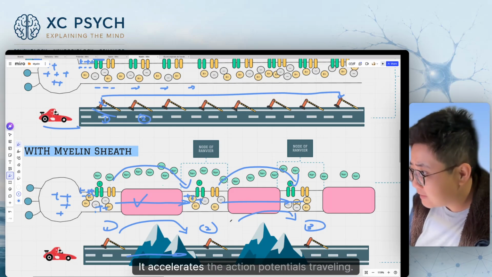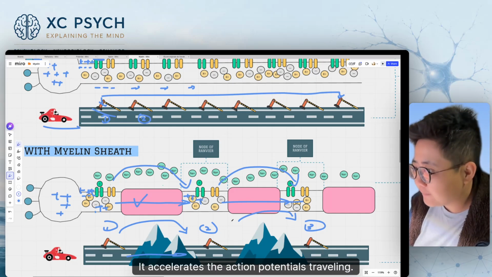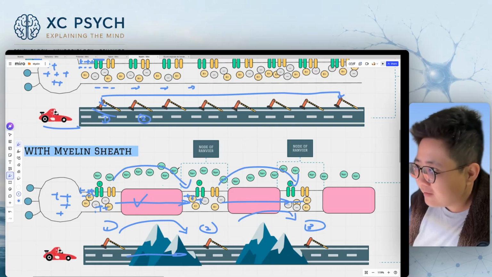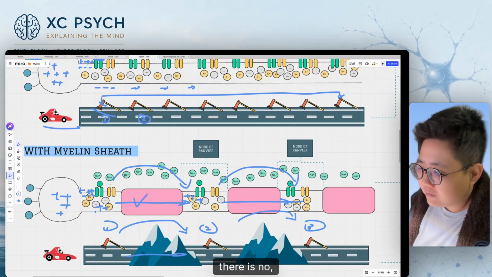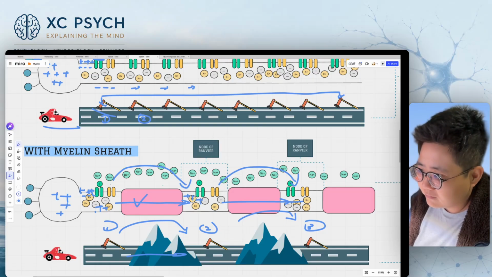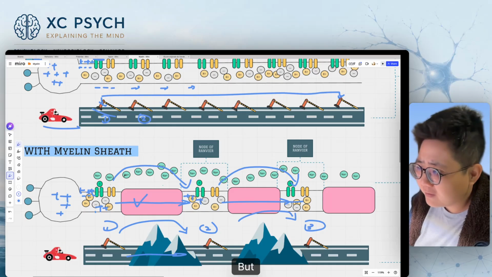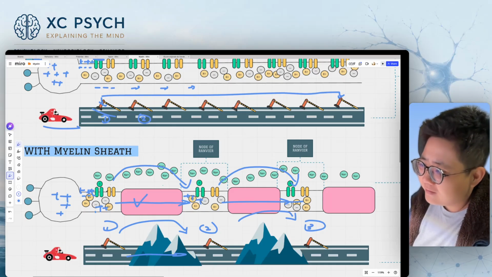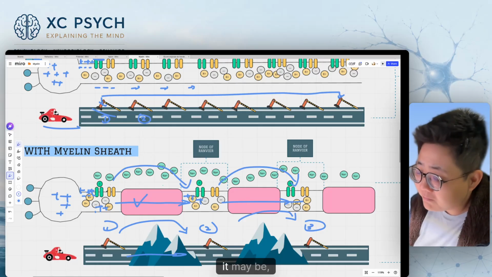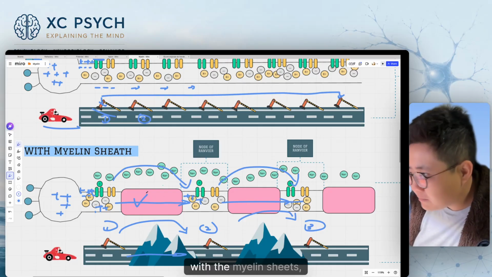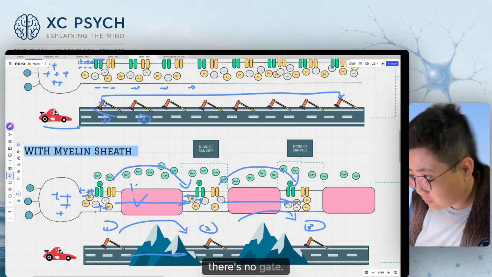And myelin sheaths, this is how myelin sheaths work. It accelerates the action potentials traveling. And another thing is, there is no bulletproof. Sorry, that may be a wrong reference, but every gate, as tight as it may be, some gate will leak, right? With the myelin sheaths, there's no gate.